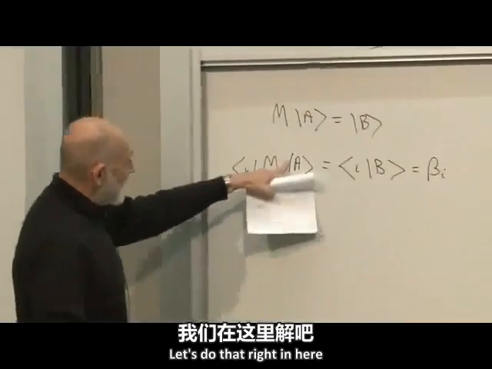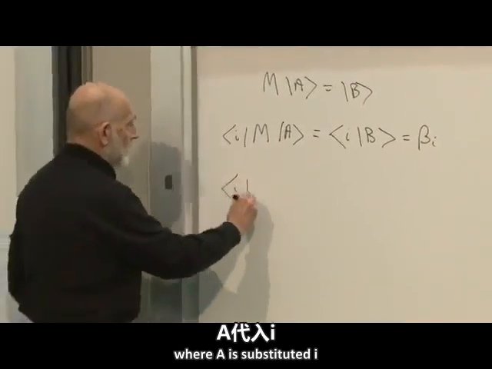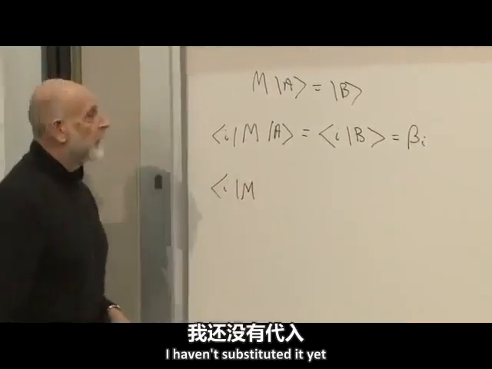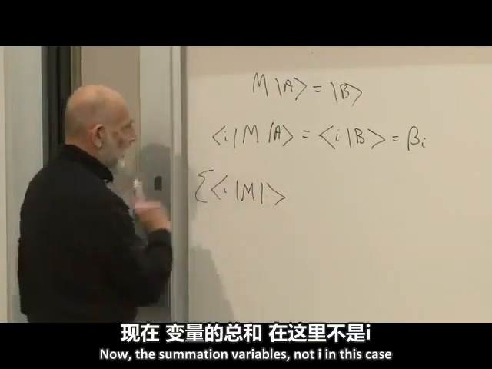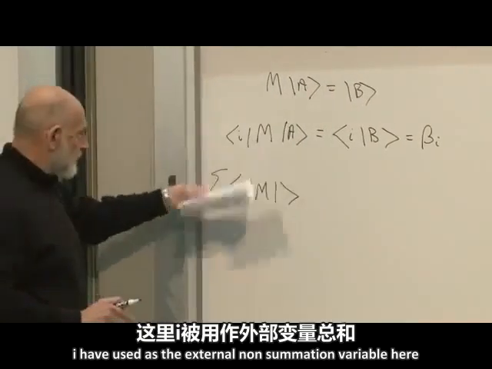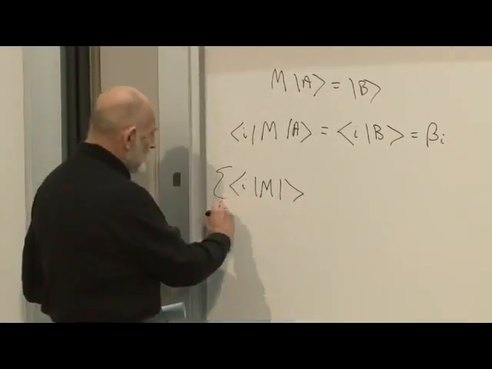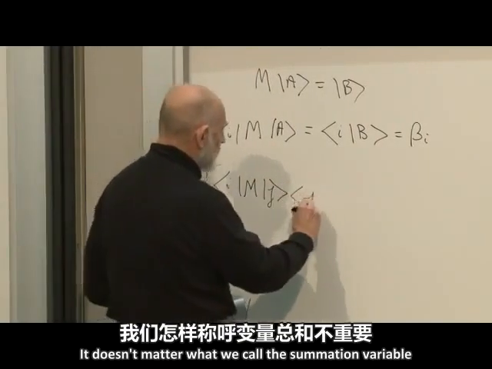Let's do that right in here. Where a is, let's substitute the sum. Now, the summation variable is not i in this case. I've used i as the external non-summation variable here. So let's sum over j. Doesn't matter what we call the summation variable.